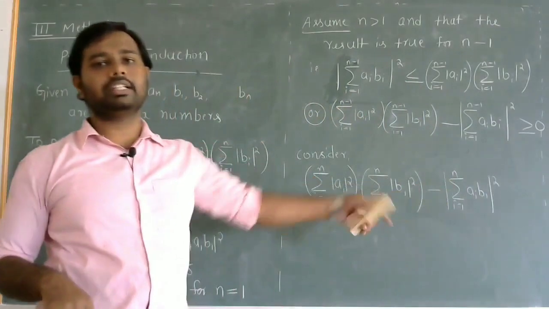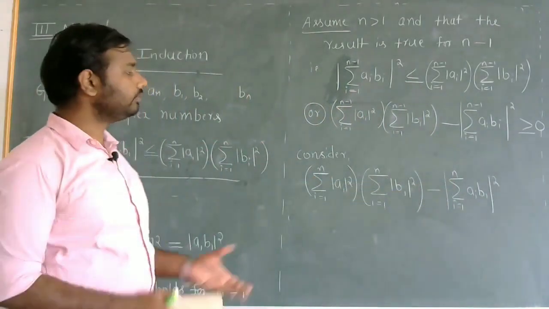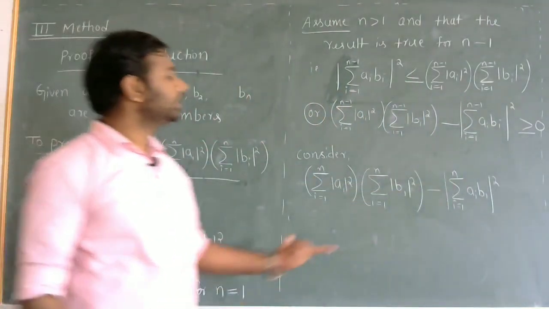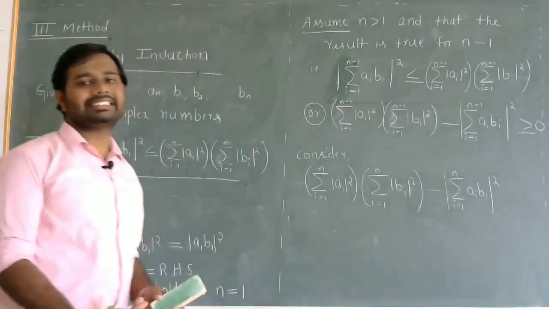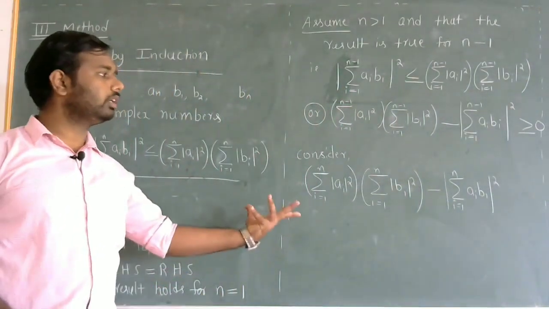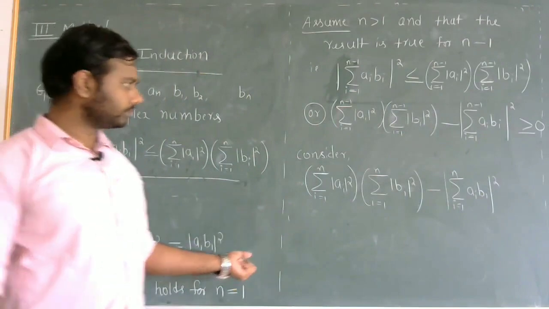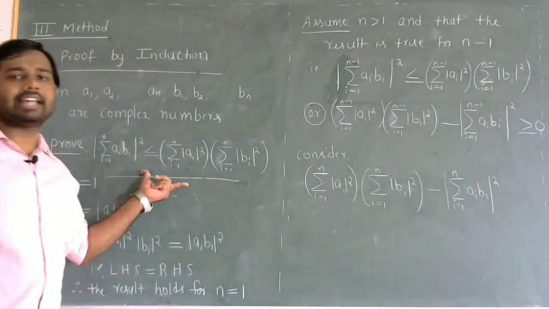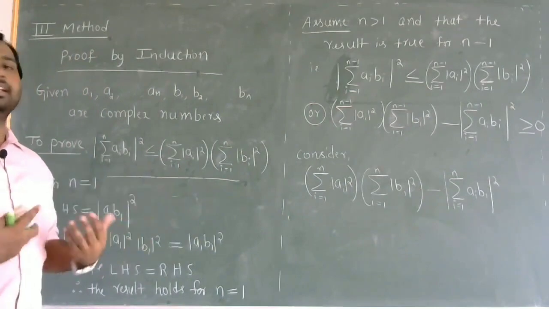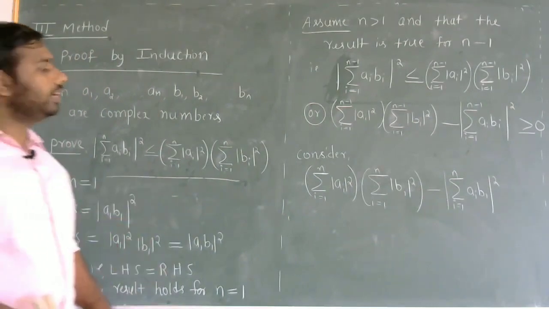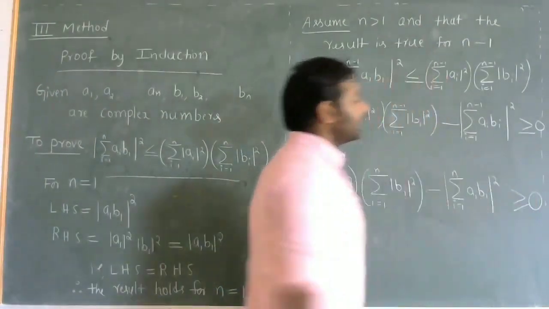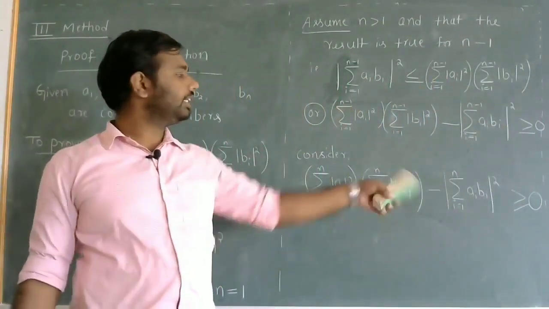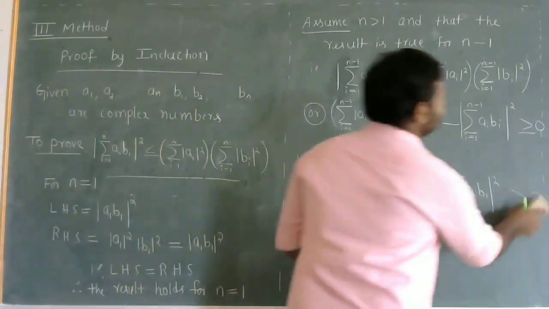Now we shall show that it is non-negative. Because it is easier to prove a number is non-negative. To prove this inequality directly will be a little bit tough. So we'll consider this difference and prove that it is greater than or equal to 0. Hence we'll get the required inequality.